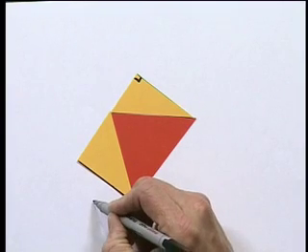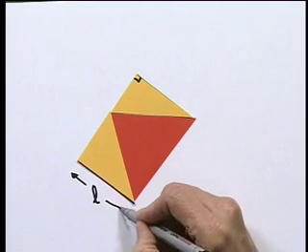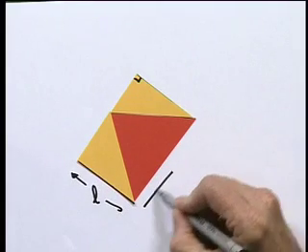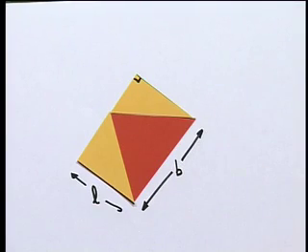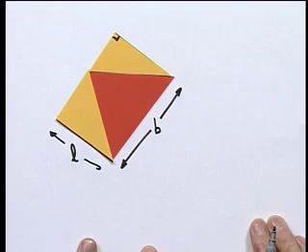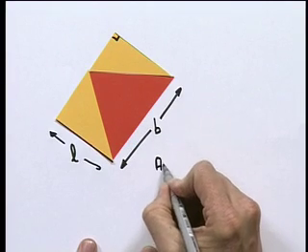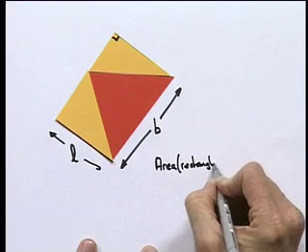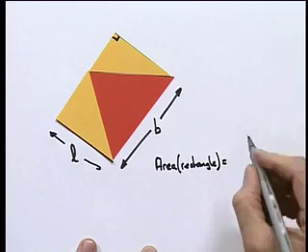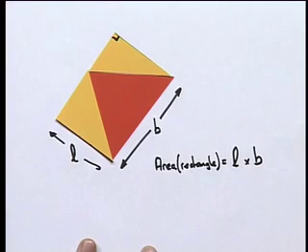If I now call this here the length of the rectangle, and that's the breadth of the rectangle, then I've got a formula for calculating the area of that rectangle. And I know that the area of the rectangle is equal to length times breadth.